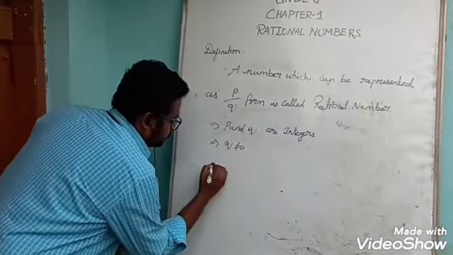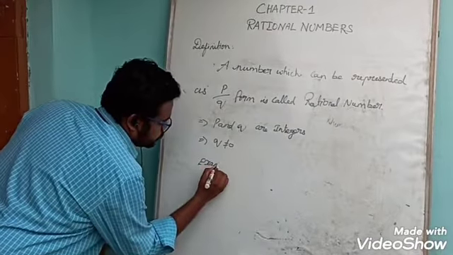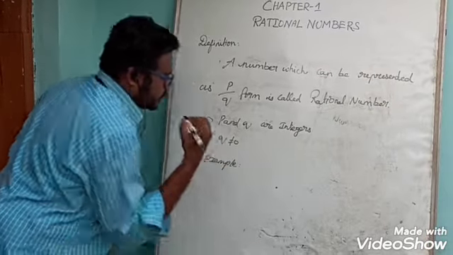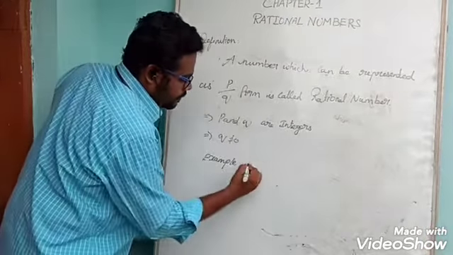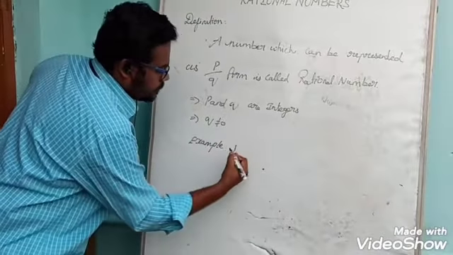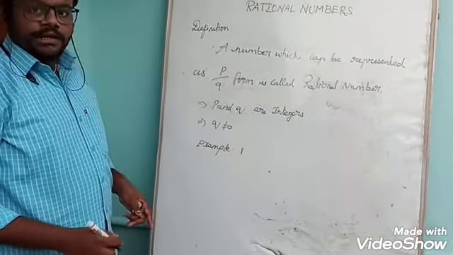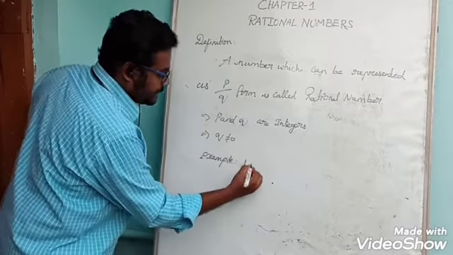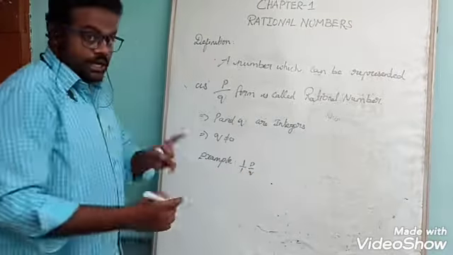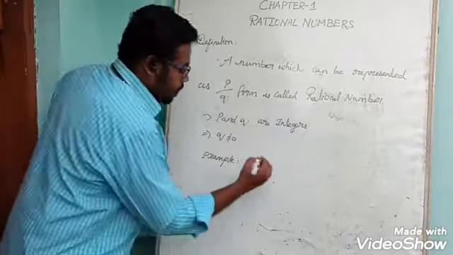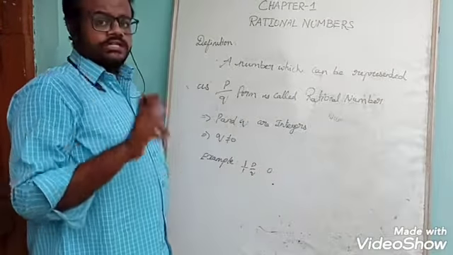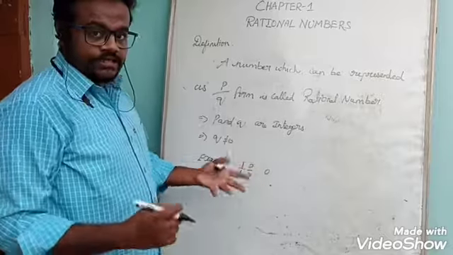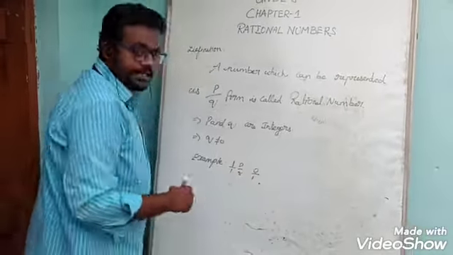So for example, is 1 a rational number? Yes, 1 can be written in the form of 1 divided by 1, so it is in the form of P by Q. So 1 is a rational number, and 0 is also a rational number, because 0 can be written with 1 as the denominator.